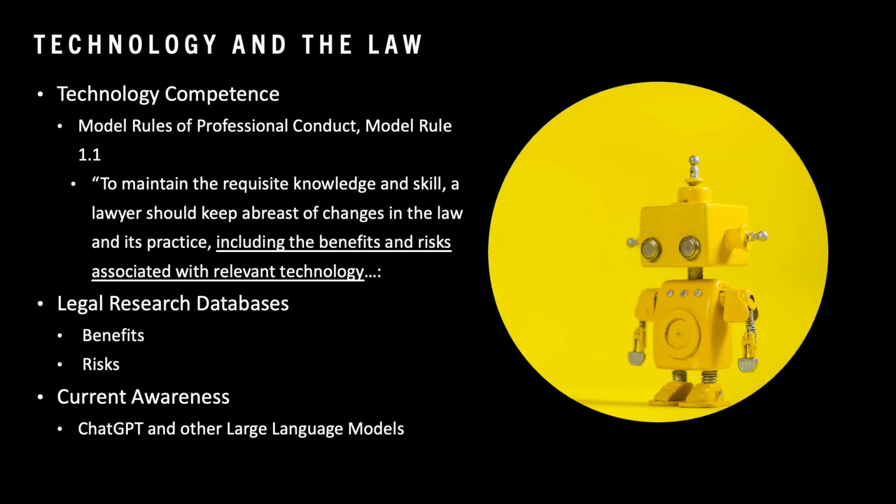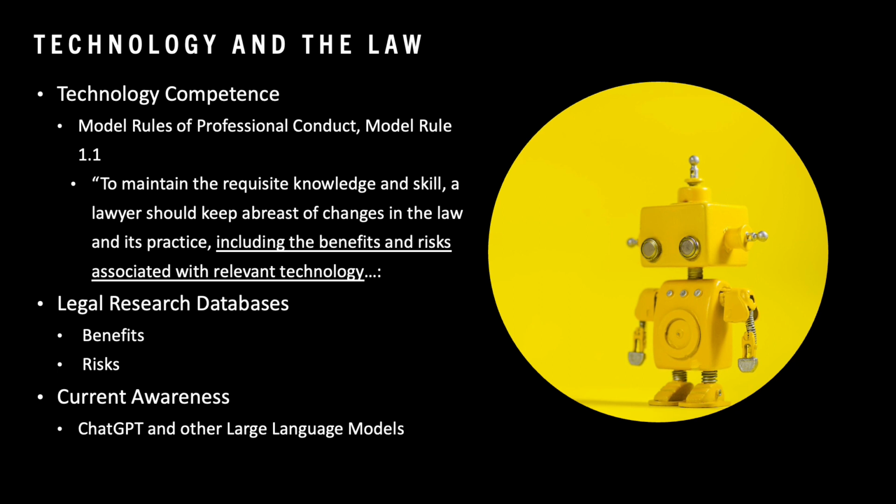Another overarching theme with Module 4, and really with any legal research, is the issue of technology and the law. And this is not only how we use technology to do legal research, but also how we use technology just to do our jobs. And the ABA Model Rules of Professional Conduct have a rule of technology competence.